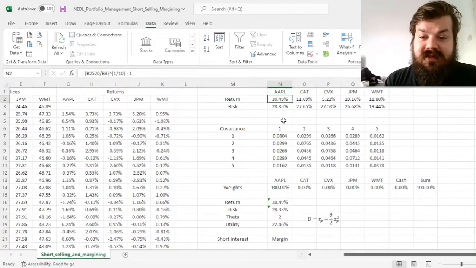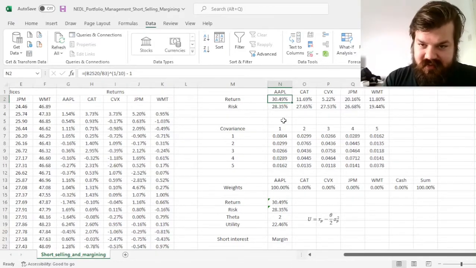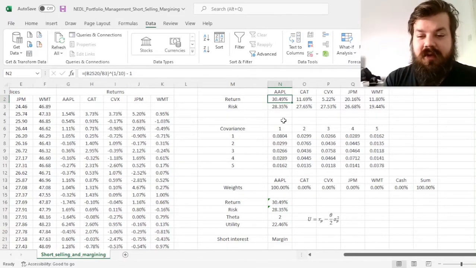Again, short selling is nothing more and nothing less than borrowing the stock from a broker, selling it, so selling the stock that you do not own, and using the proceeds to finance other trades that you might want to execute.